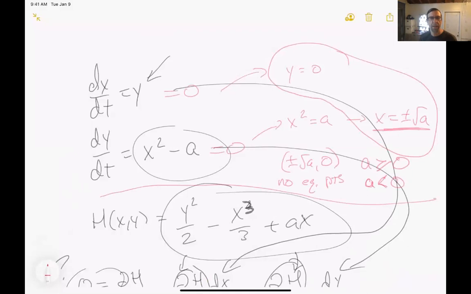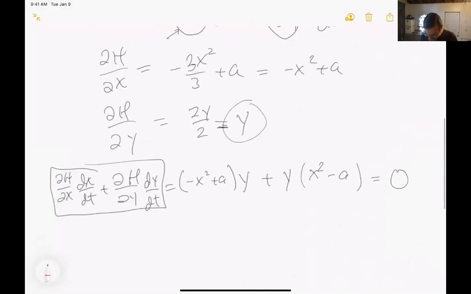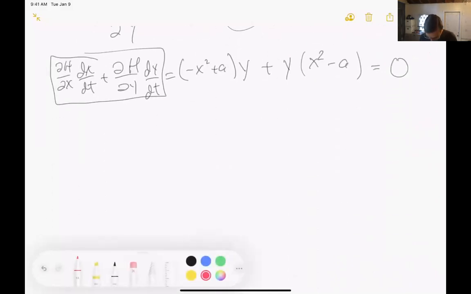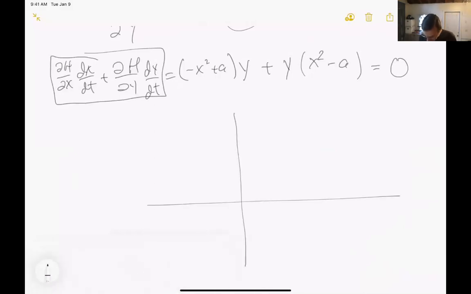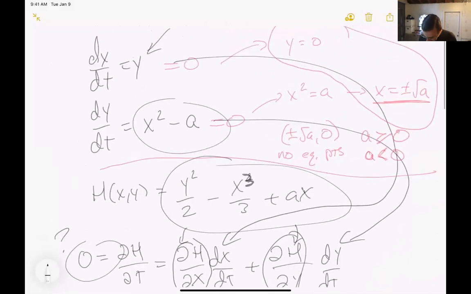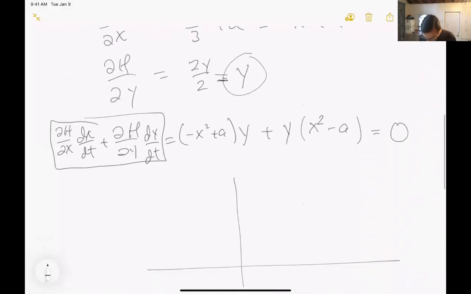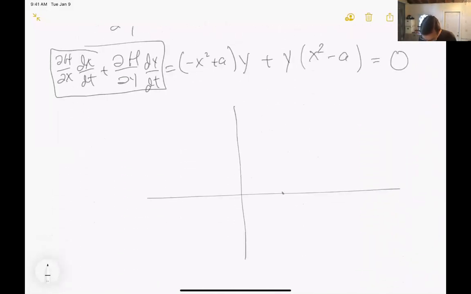Good. We have two equilibrium points, plus or minus root a. It's kind of interesting, so let's think about what's happening here for different values of a. We've got equilibrium points where x is plus or minus square root of a, at the positive square root of a and the negative square root of a.